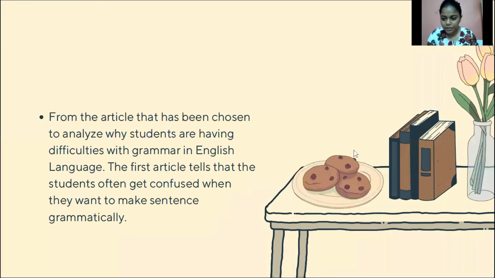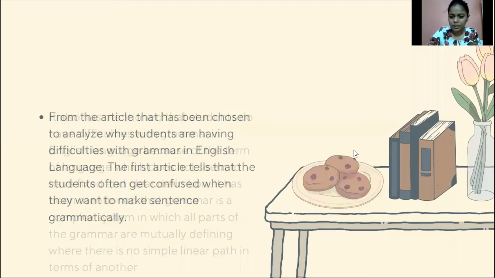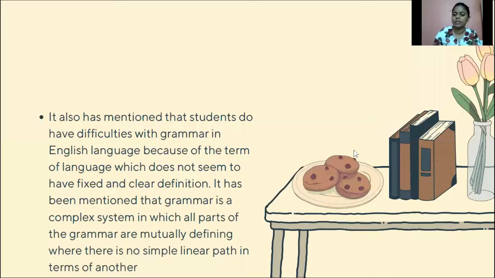It has been told in the article that learning English involves grammar which has been taught to the students, which will not always be easy. Usually, grammar is an essential part of language that cannot be understood easily. This situation will make students face difficulty in grammar.